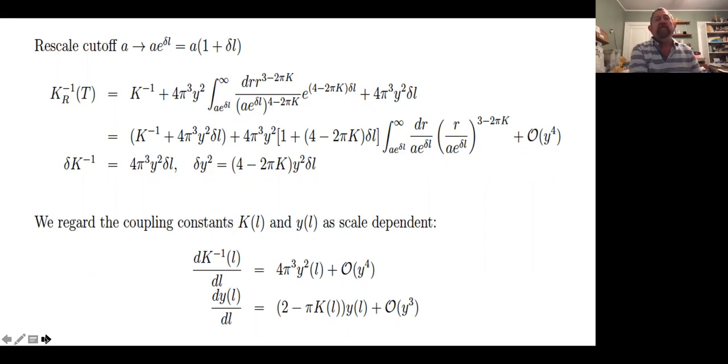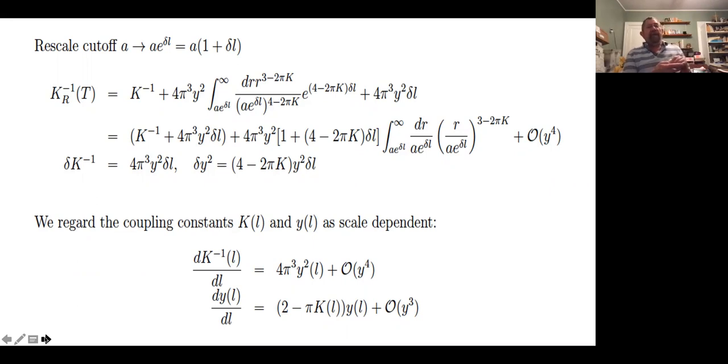It's just 4 pi cubed y squared times 1 plus 4 minus 2 pi k times delta L. And so this is the new fugacity squared. In other words, the change in the fugacity squared, delta y squared, is just equal to 4 minus 2 pi k times y squared delta L.